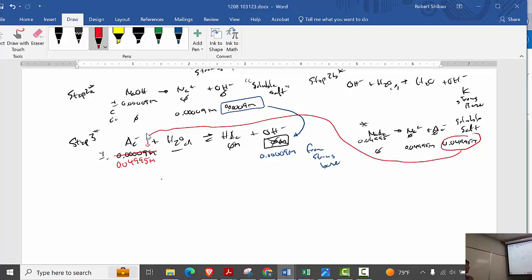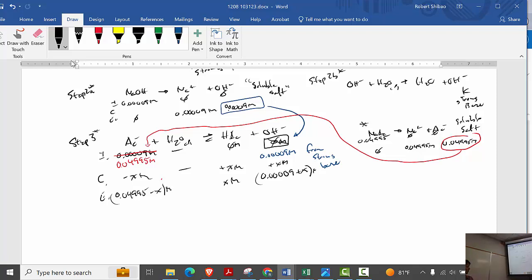And then we're going to see how much additional hydroxide we're going to get from the weak base. So the strong base produced this much hydroxide. Will we get much additional? And so we'll do the calculation. Minus X, plus X, plus X molar. And at equilibrium, we're going to have 0.04995 minus X molar, X molar, and 0.004009 plus X molar.